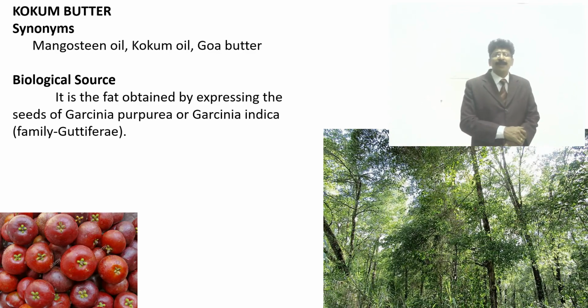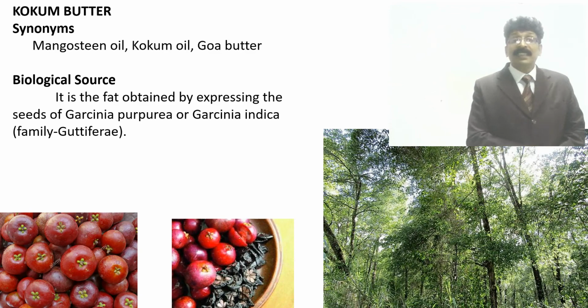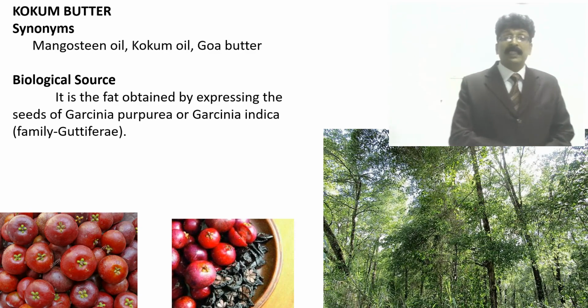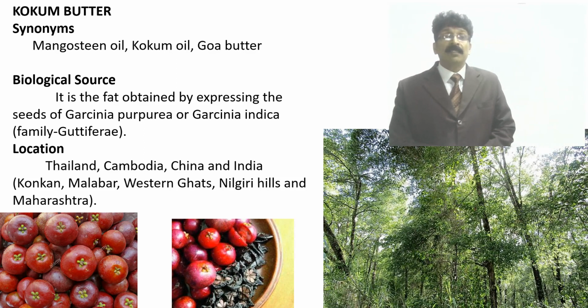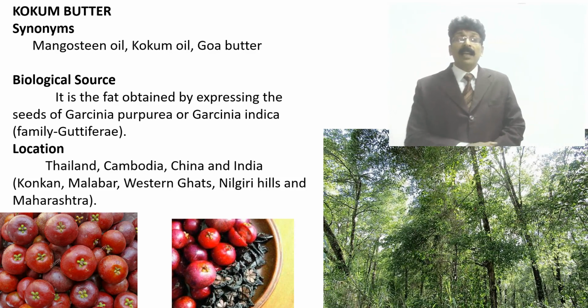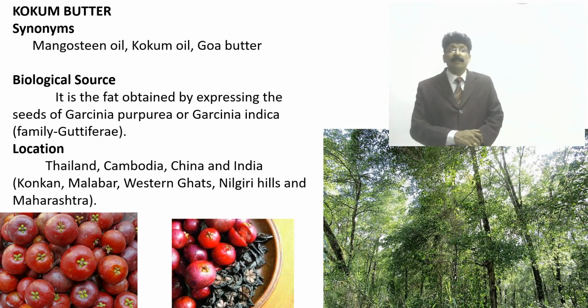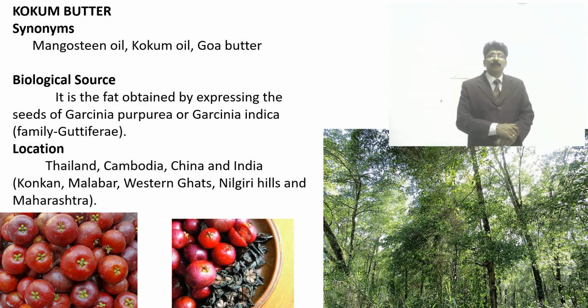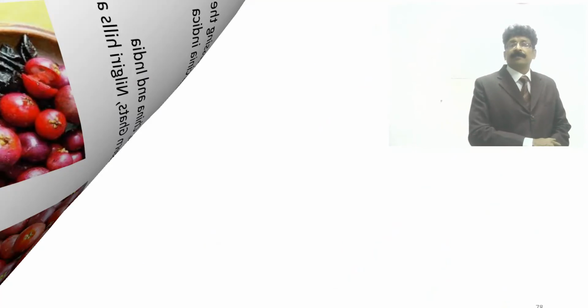Fruits, how it looks like plums, it's so nice. And see the seeds after drying, how they are taken from the fruit. You can see the gynoecium. Location: Thailand, Cambodia, China and India. Konkan, Malabar region, Western Ghats, Nilgiris Hills and Maharashtra in India.